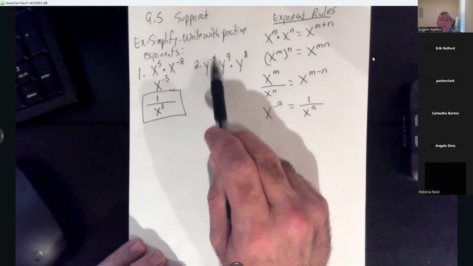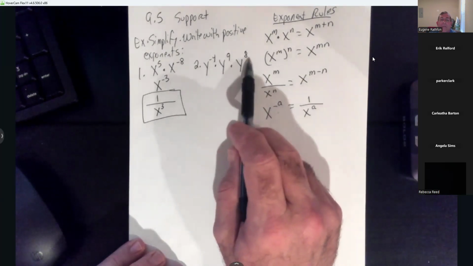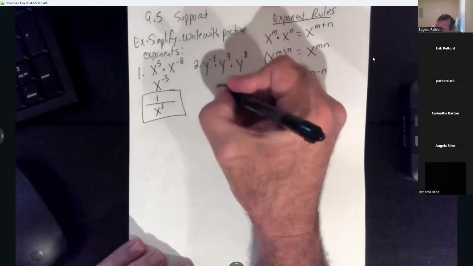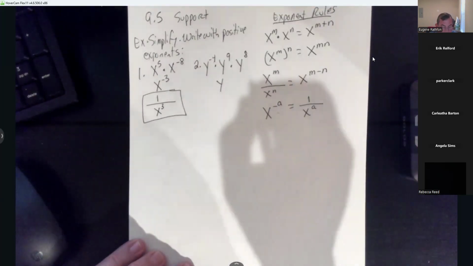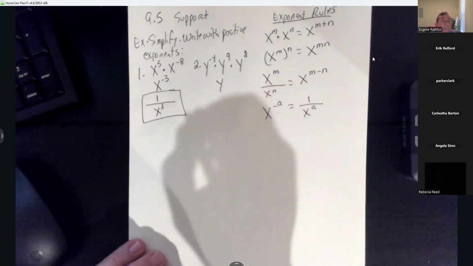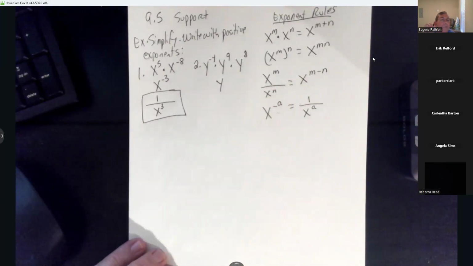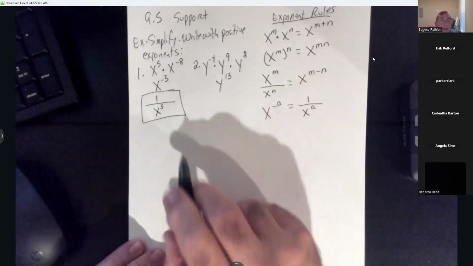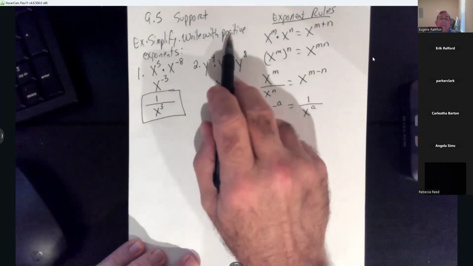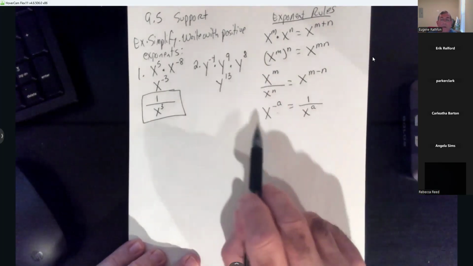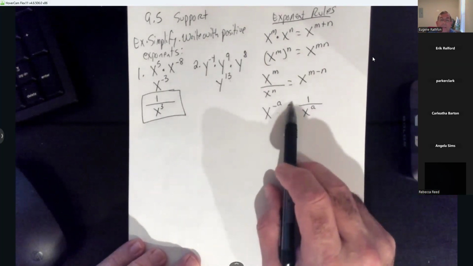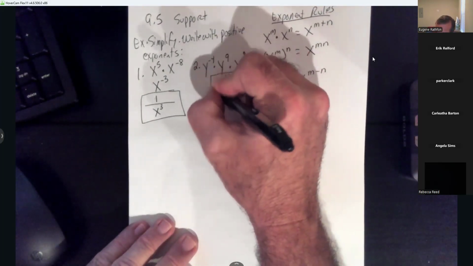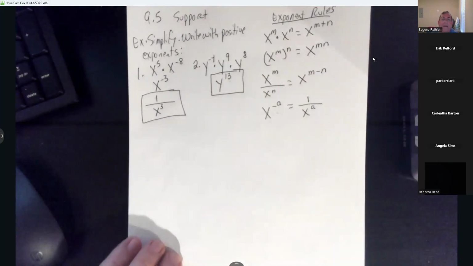What does negative 4 plus 9 plus 8 give us? So y'all add them. Currently, what is that, 13? Now look here. The 13 is a positive exponent, so I do not have to do any of this. So y to the 13th would be our final answer.